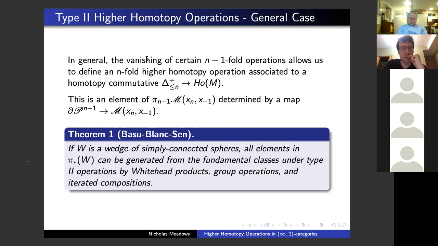The thing is that the Toda bracket is like an analog of these type 2 operations when we're interested in what are called stable homotopy groups. And there was a theorem about stable homotopy groups that is similar to this theorem 1 here, which came from the 70s, and it was due to Cohen.